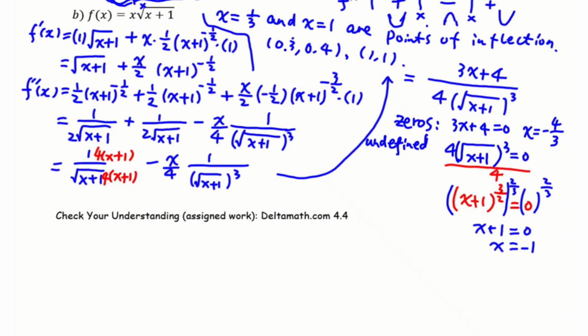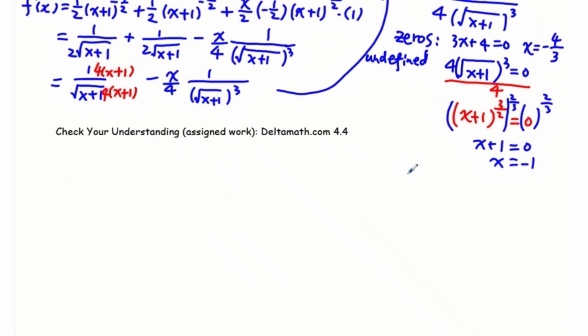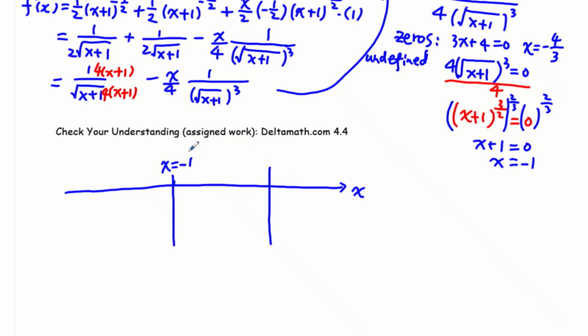Then we are going to draw the chart. We have two zeros, one for the numerator and one for the denominator. So this is the x-axis: x equals negative 1, then x equals negative 4/3. Which one is smaller? We put it on the left.